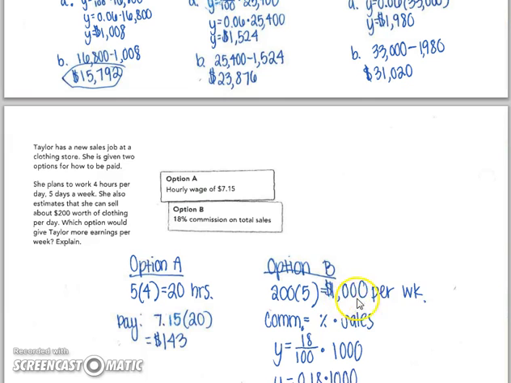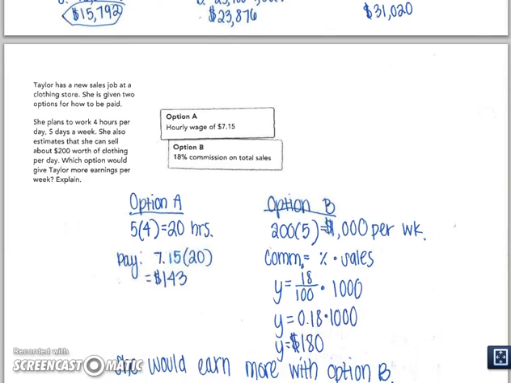To figure out what she earns, we have to use our commission equation. So we're going to take commission equals percent times the sales. So we know that she's making 18% commission, and she thinks she's going to make $1,000 in sales. So to get the amount that she would make in commission, we take y equals 18%, 18 over 100, times the sales, 1,000.